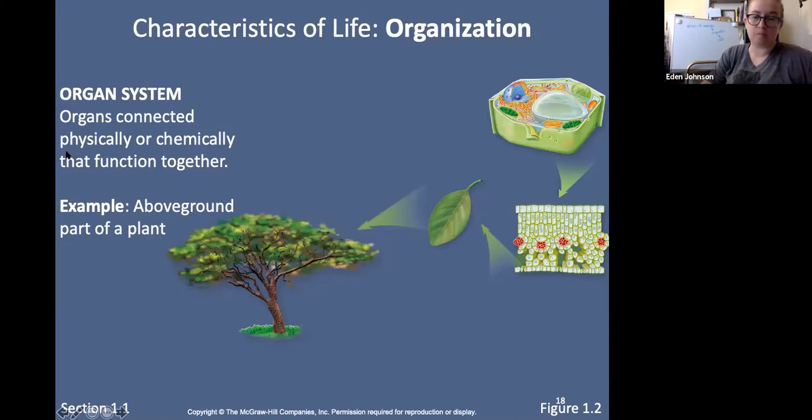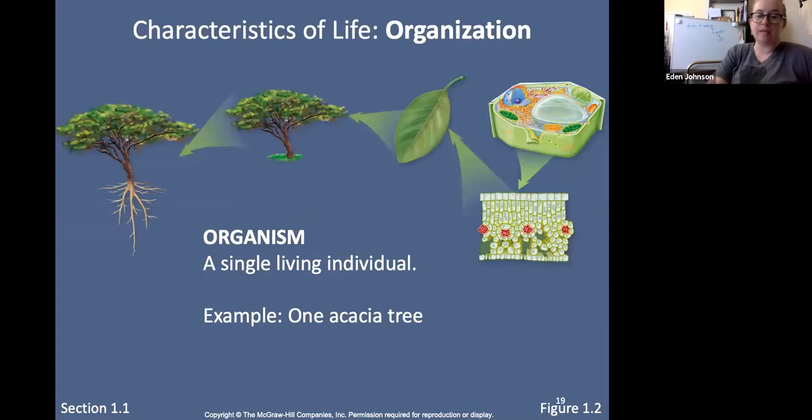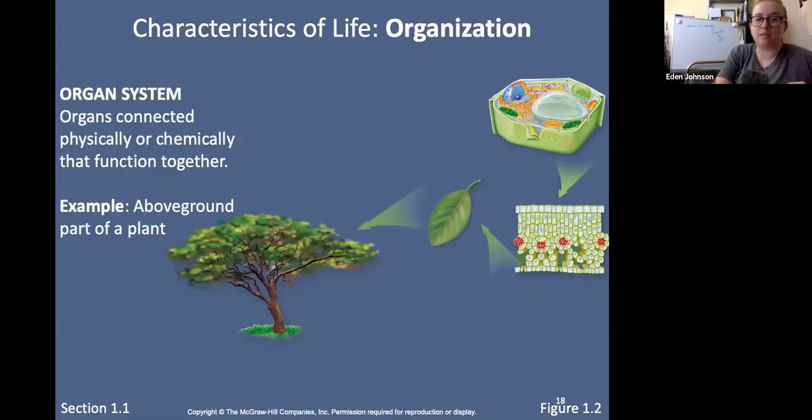Okay, and then an organism, this is a whole living individual, a single living individual with many organ systems. So what kinds of organ systems do you have? From the last slide, organ systems are like your nervous system, your reproductive system, your respiratory system, your circulatory system, okay, your urinary and digestive systems.